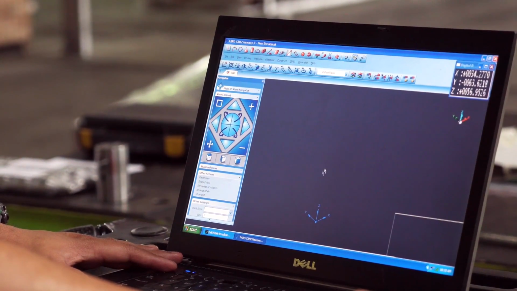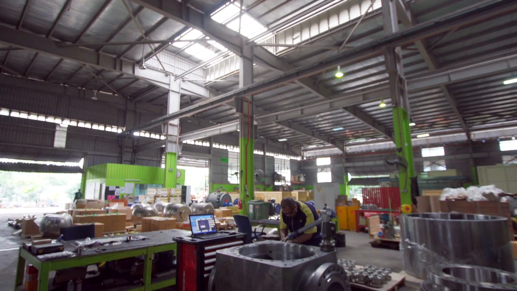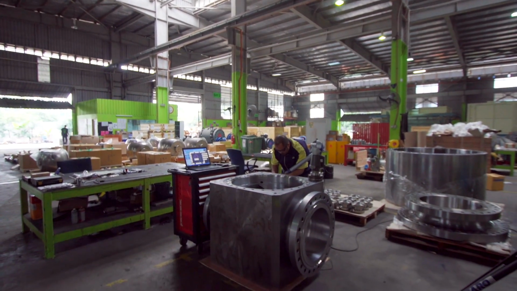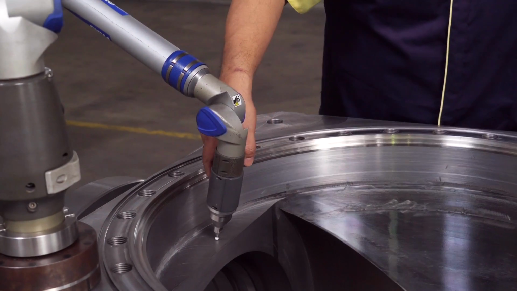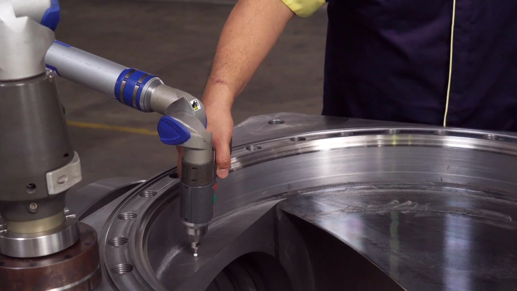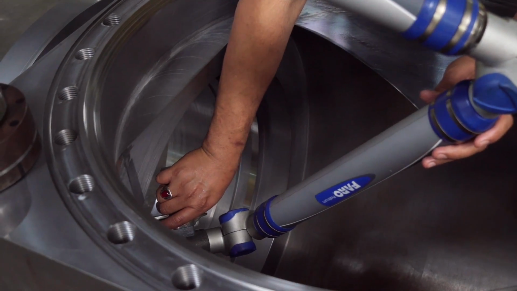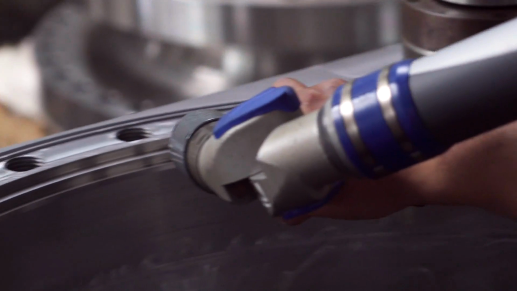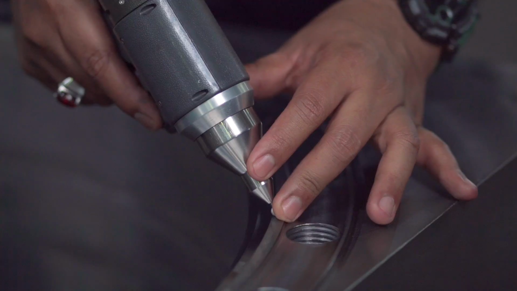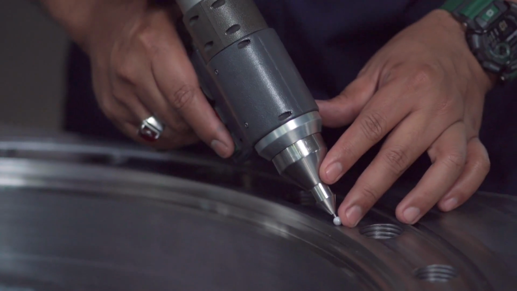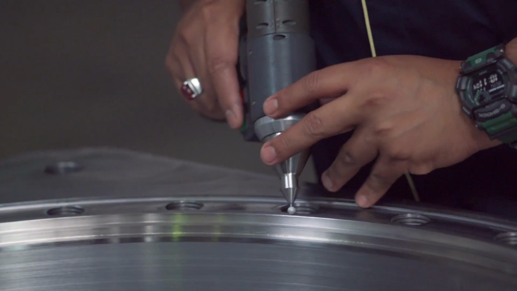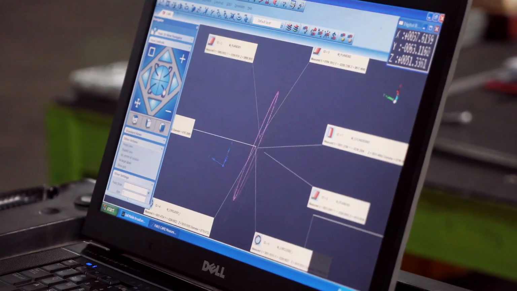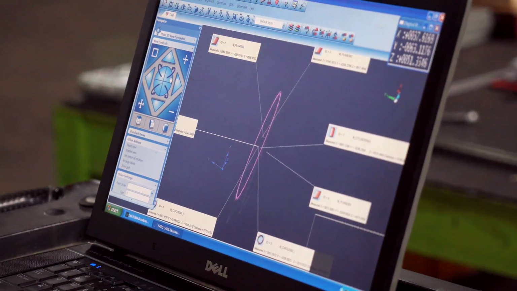So for example, we can check hole positions where the bonnet will bolt to the body of the ball valve. We can check concentricity between key location diameters, so we can ensure the bolt holes will line up, the seat pocket is in line with the ball. These are all critical features that must be checked to ensure we have a reliable product when we assemble the valve.